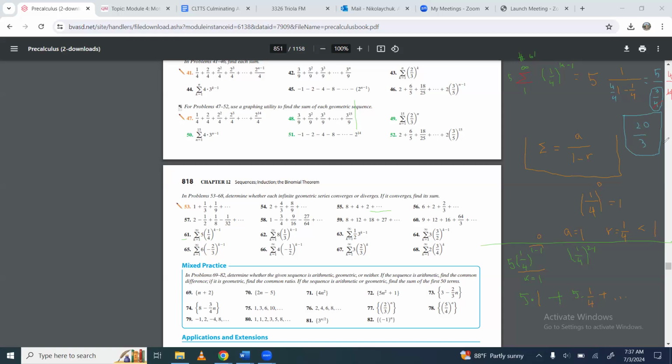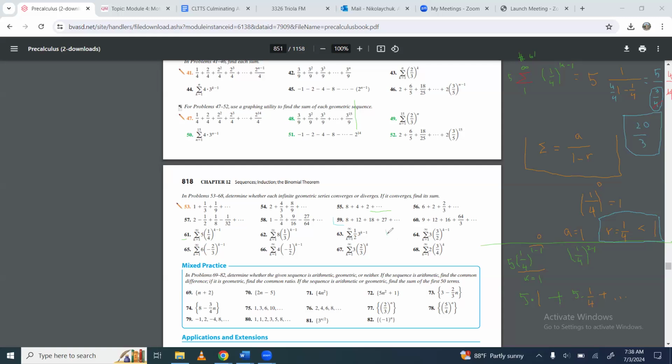So for our series, we need to have a ratio less than 1. That's very important, because otherwise terms are going to increase and increase and not get smaller. That's important to realize. Like, for example, in exercise 59, notice that terms are increasing. You add 12 and then you add a bigger number.